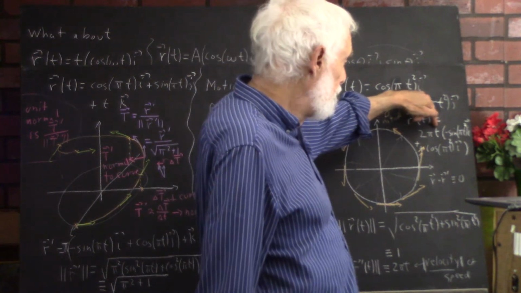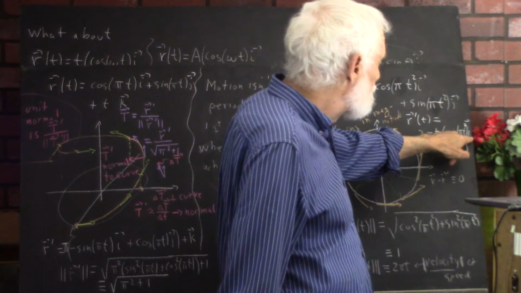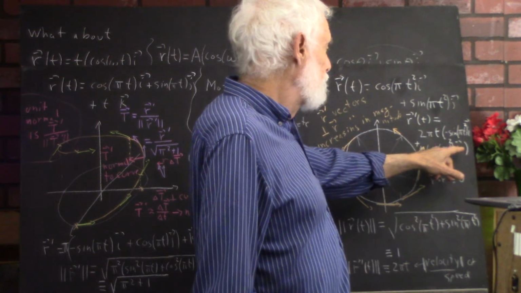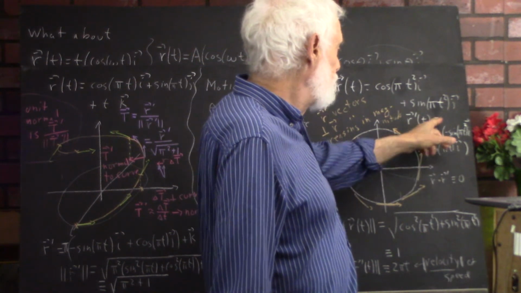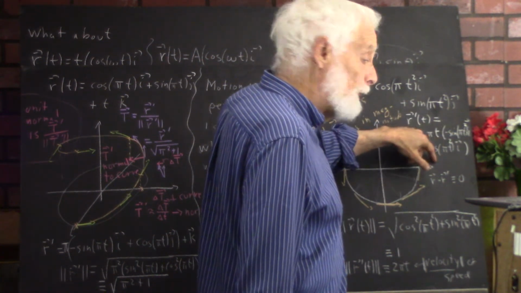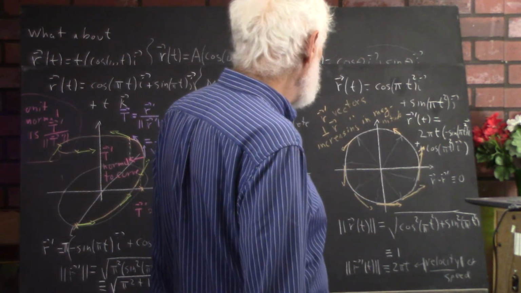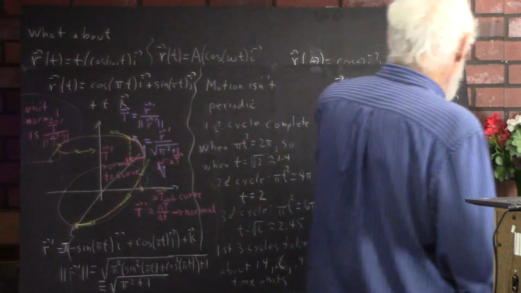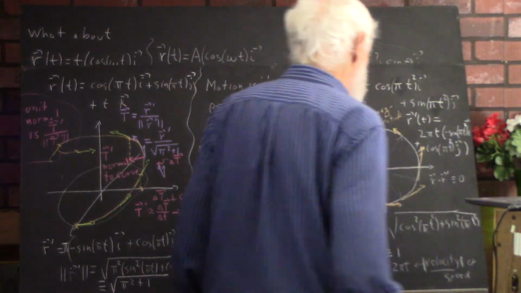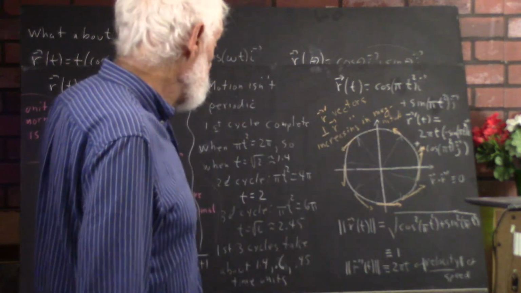It's 2 pi t times the quantity negative sine of pi t squared times the i vector, plus the cosine of pi t squared times the j vector. Now, 2 pi t is multiplied by the whole quantity, so it's multiplied by the sine as well as by the cosine. And I wrote i where I should have written j here. Pretty sure everybody knew what I meant. So there we have it.